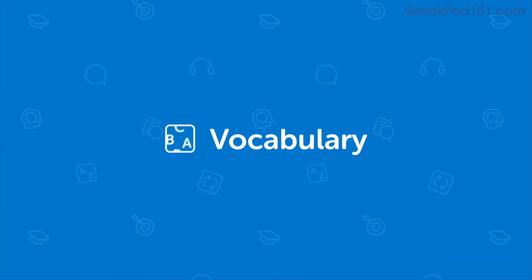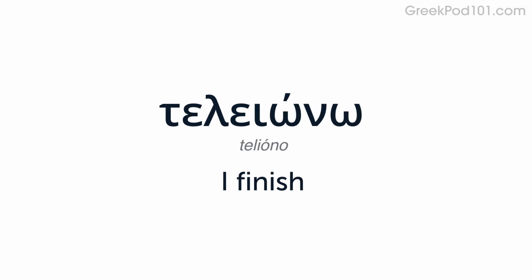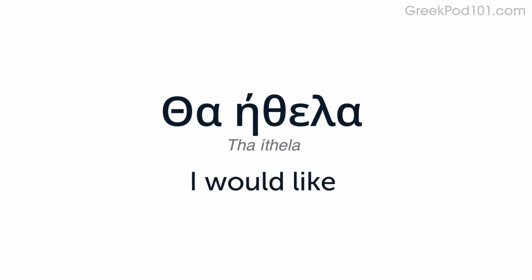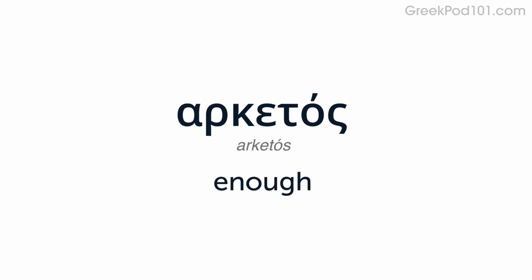Now you will hear the key vocabulary, followed by the English translation. Πρέπει. Must. Τελειώνω. I finish. Θα ήθελα. I would like. Βοήθεια. Help. Μπορείς. You can. Αρκετός. Enough.